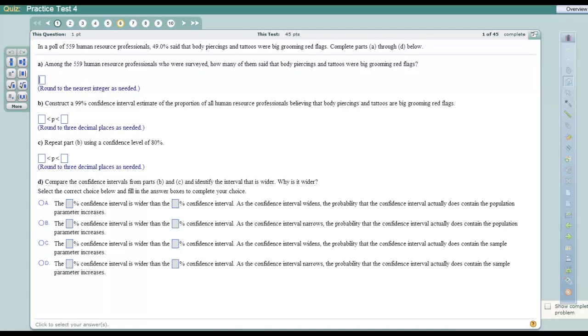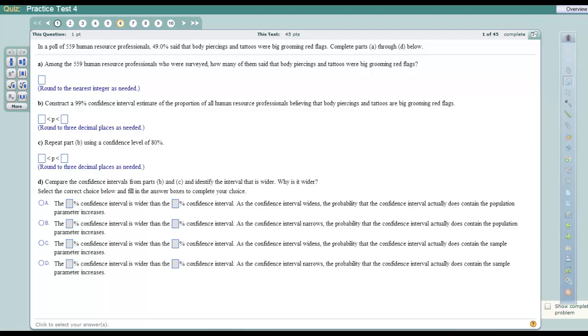Okay, so let's see. A couple of things. I like this one too. It says among the 559 human resource professionals who were surveyed, how many of them said that body piercings and tattoos were big grooming red flags? Okay, and there's some other stuff up there. In a poll of 559 human resource professionals, 49% said body piercings and tattoos were red flags.